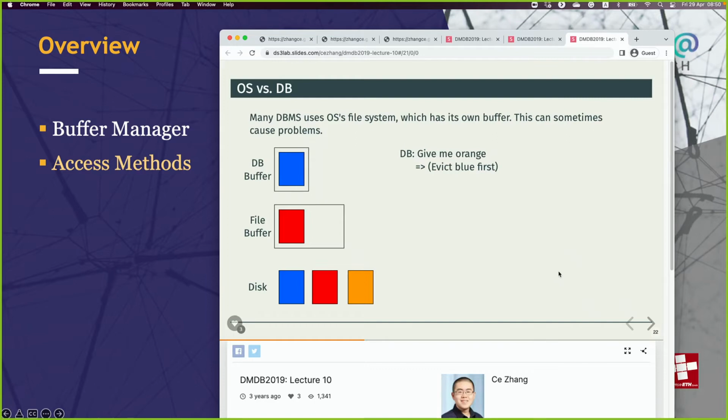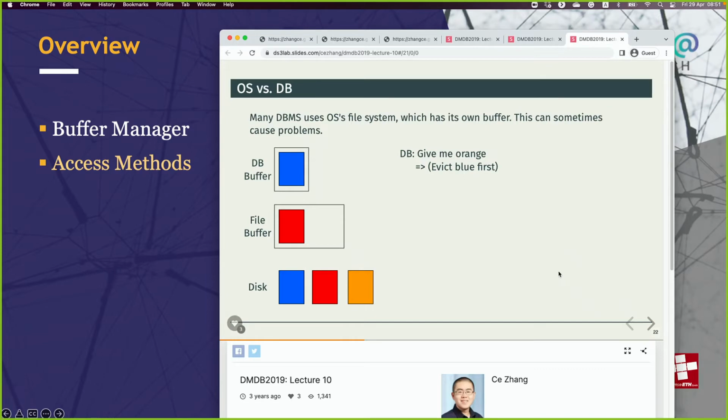And then what is the system going to do? Okay, I don't really have a choice. I need to evict the blue one from my database buffer to my hard drive. But because the database is using the file system, the way the database is going to tell the system to do it is actually to tell the operating system, okay, here is the blue thing, I want you to update your file, to put that back.